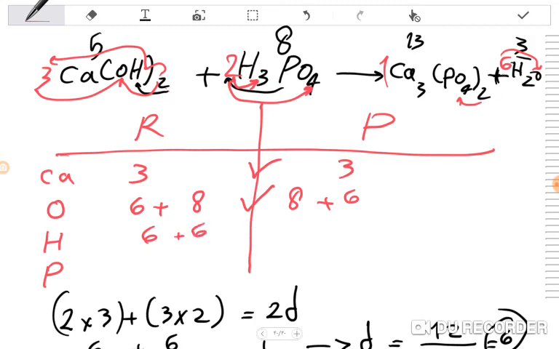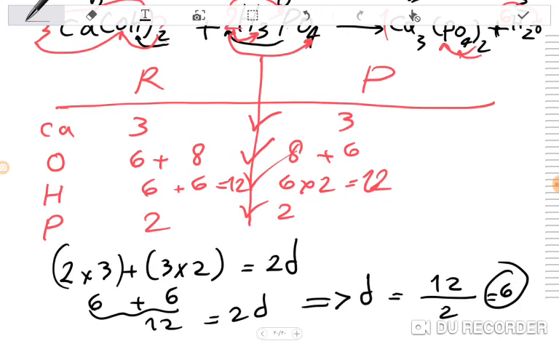And we have here 6 times 2, 12, equal to 12. Number of hydrogens is balanced. For phosphorus, we have 2 phosphorus here, and again 2 phosphorus here. Balanced.